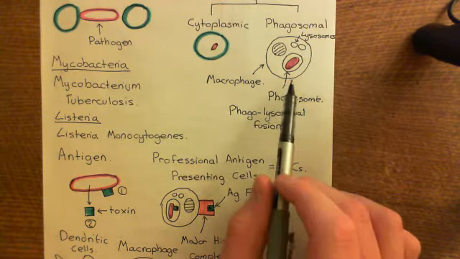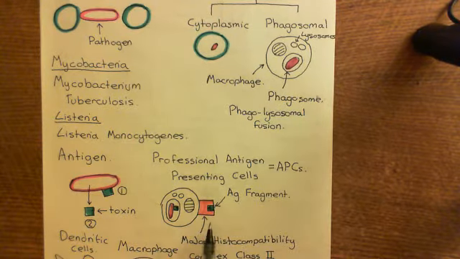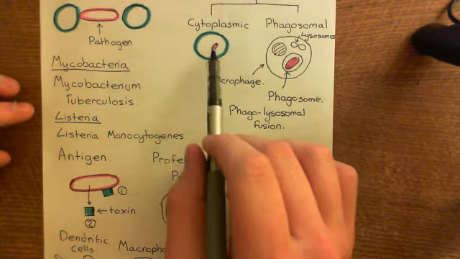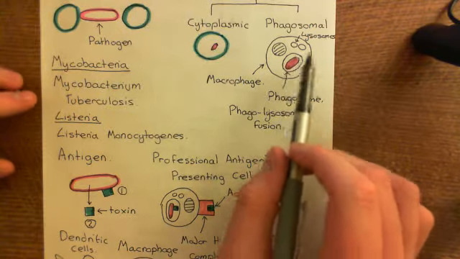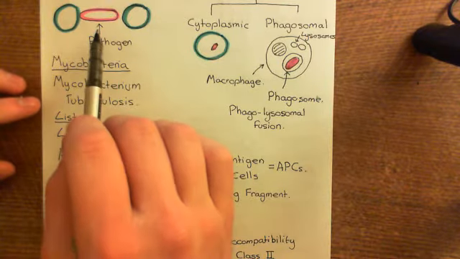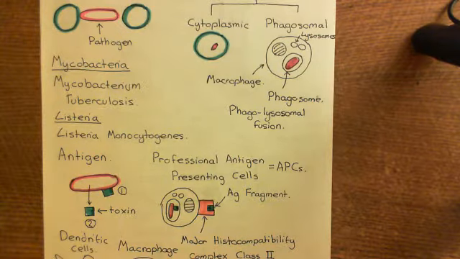Again, because this antigen came from a phagosome, it's going to be put on major histocompatibility complex class 2, and that's the major difference between the cytoplasmic pathogens and the phagosomal pathogens, and that's what makes this phagosomal intracellular pathogen more like the extracellular one as far as the immune response is concerned.